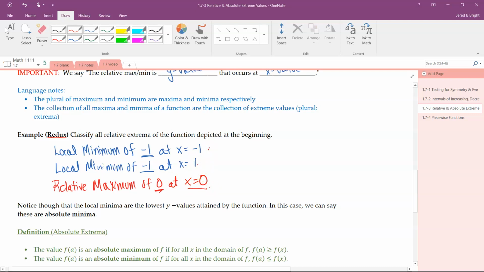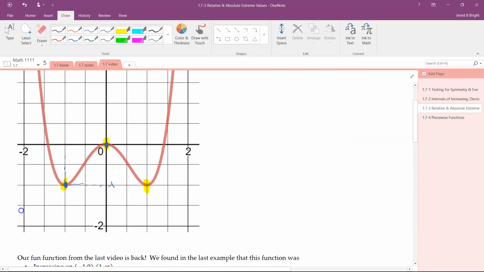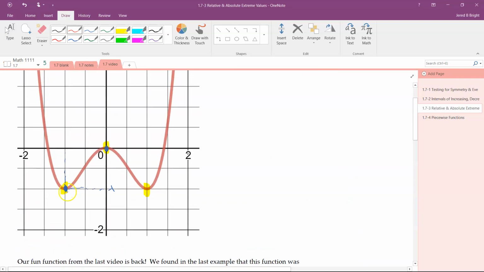Okay, so again, y value, we say it occurs at the x value. Now, as we look at the graph, we might say that these y values of -1, when x is plus and minus 1, are actually the lowest values we're ever going to attain, right? We don't go any lower. But we do go higher than, say, 0.